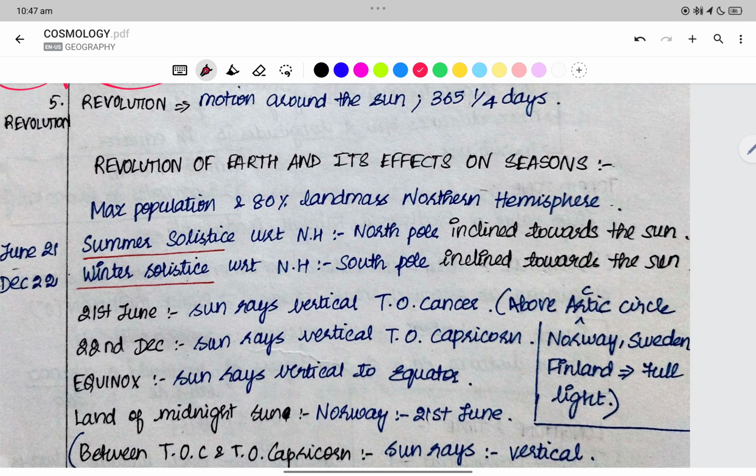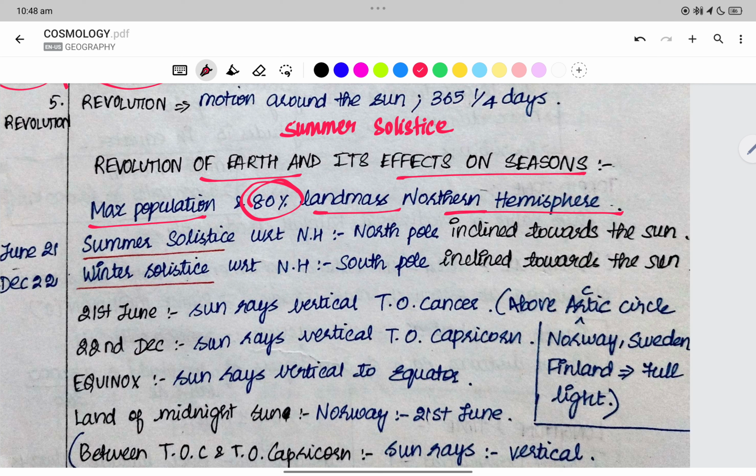Now, revolution of the earth and its effect on the seasons. Maximum population and 80% of the landmass is in the northern hemisphere. So everything we say about a solstice is related to the northern hemisphere. If in the question they ask just about the summer solstice, it is assumed to be related to the northern hemisphere.